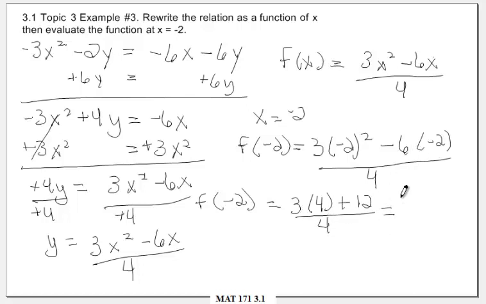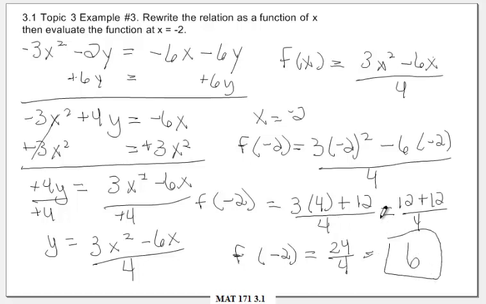This simplifies to 12 plus 12 divided by 4, which gives us 24 divided by 4, which divides into 6. So f of negative 2 is equal to 6.